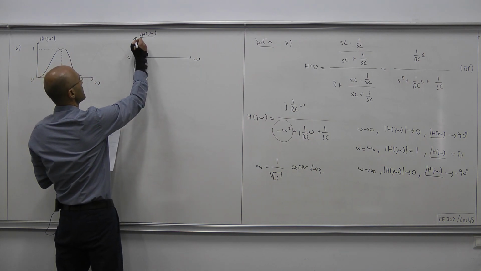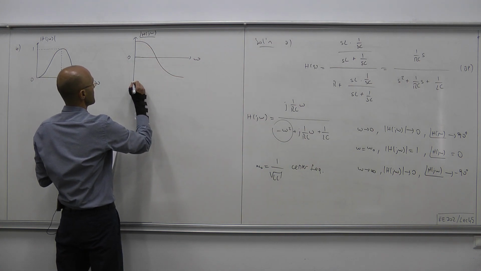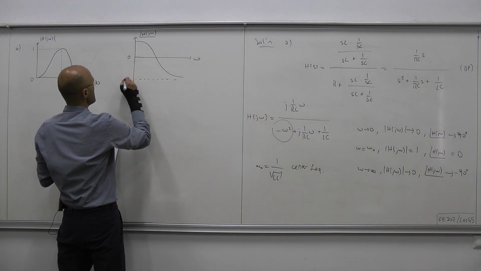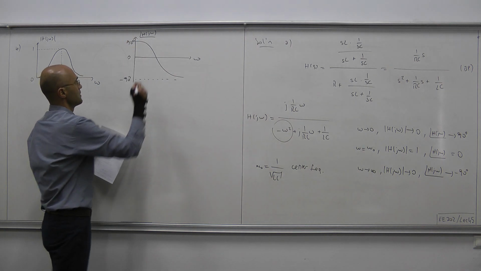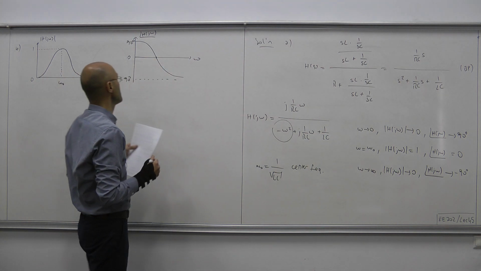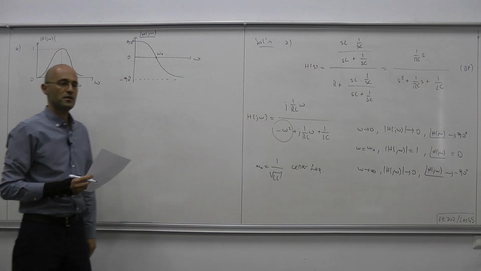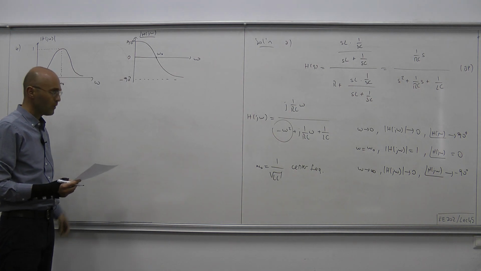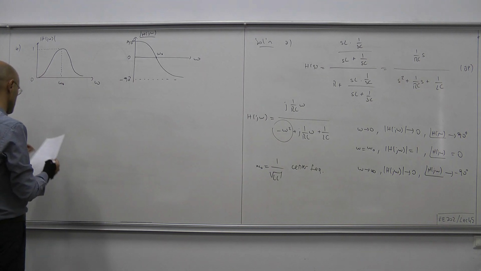So the phase will look like this. This is minus 90 degrees. This is where we start, 90 degrees, and when we cross the 0 degree point, the frequency is omega 0. It equals the center frequency.